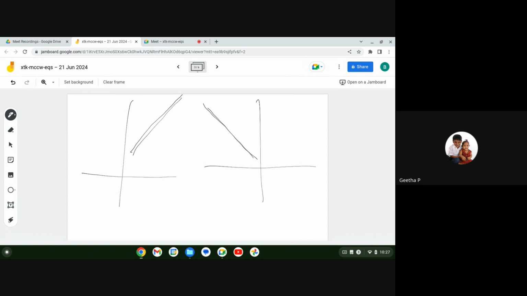For the first line, if you increase the x value, the y value increases too. That is another good answer. Very nice. So these are the two good answers that I got from you guys, and that gives me the confidence that yes, you understand it well.